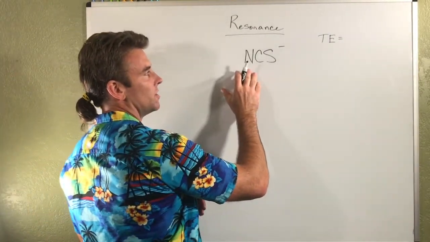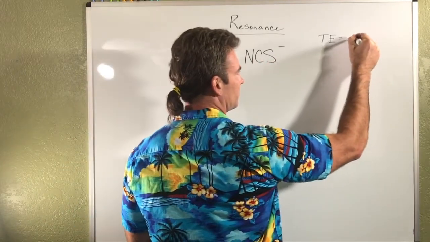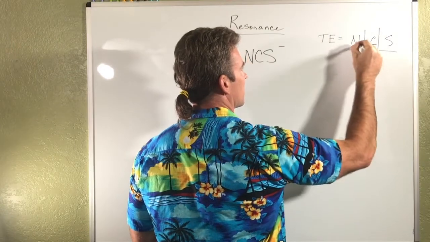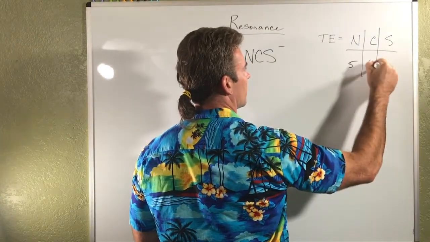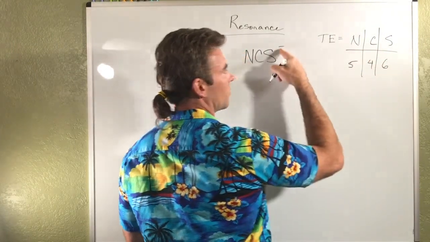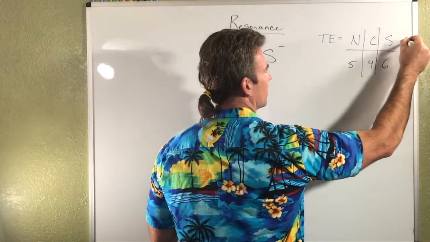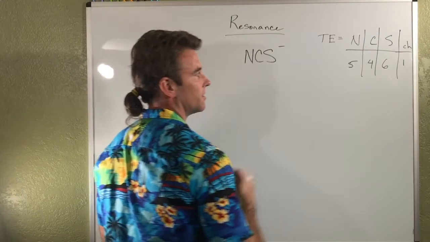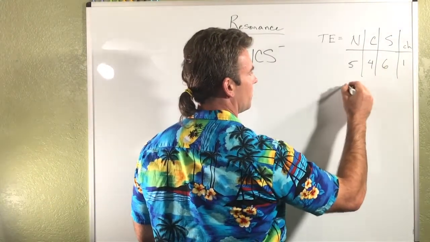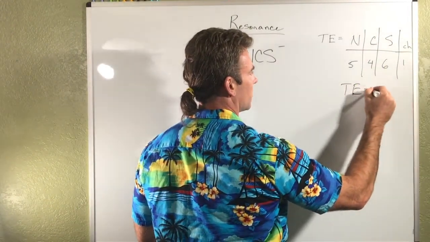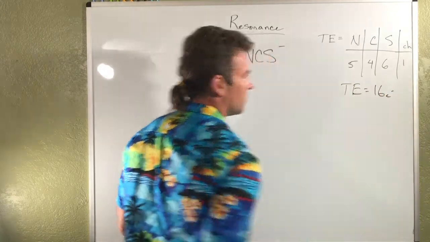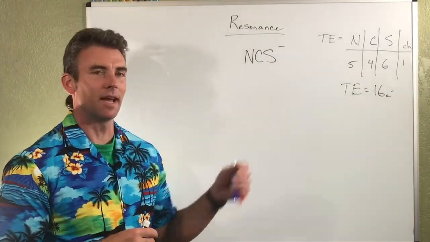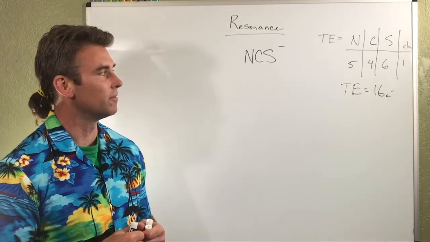So we've got nitrogen with 5, carbon with 4, and sulfur with 6, and of course we've got a charge, so we have to have the 1 extra for the charge, and I think when we add all that up, we end up with 16 total electrons. Okay, so anytime you're not 100% sure, I'd always total up the number of valence electrons.